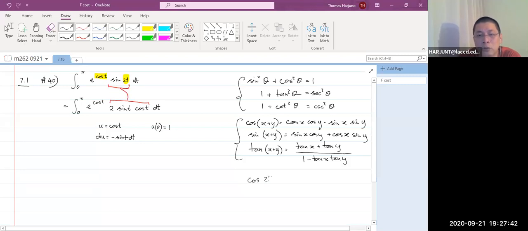Cosine 2 theta has 3 variations: cosine squared theta minus sine squared theta; 2 cosine squared theta minus 1; 1 minus 2 sine squared theta.